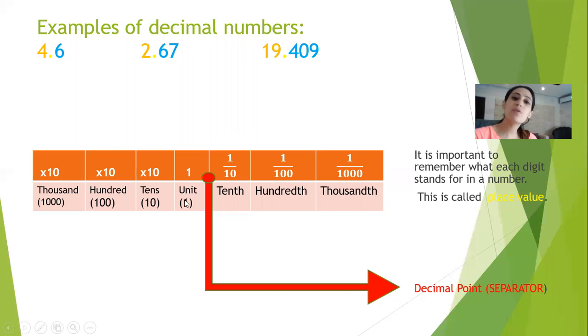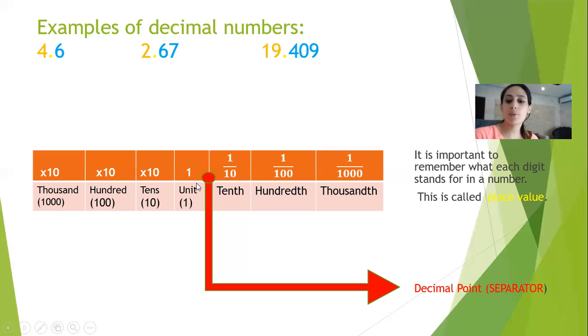So as I'm moving in the whole part from the unit to the tens, I'm getting bigger 10 times, yes? So look carefully, we start with the unit, the 1, then the 10, the 100, and the 1,000. So I'm getting bigger and bigger in the whole part, yes, at the left side.